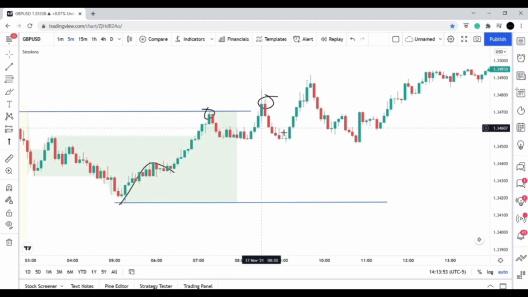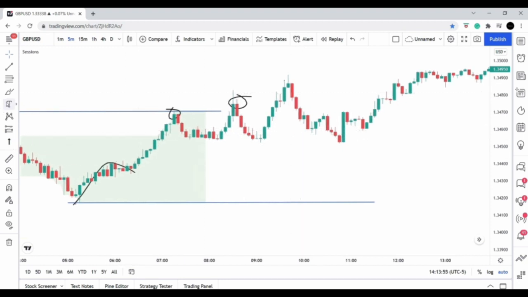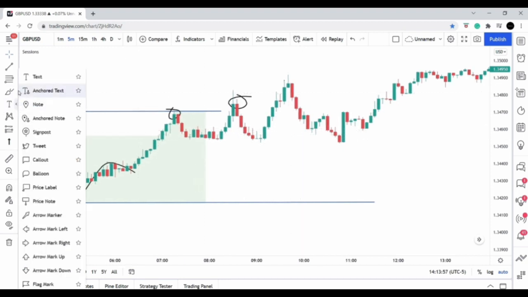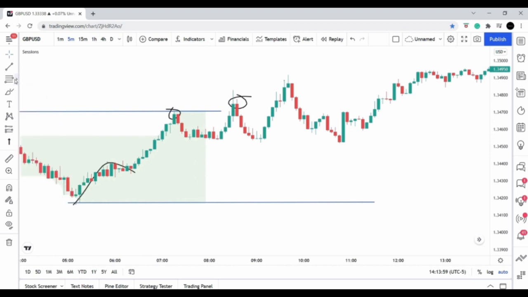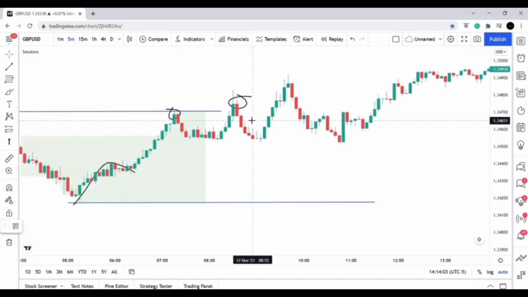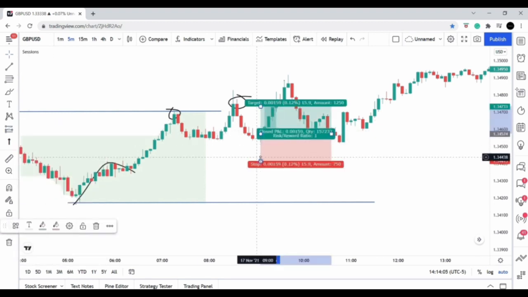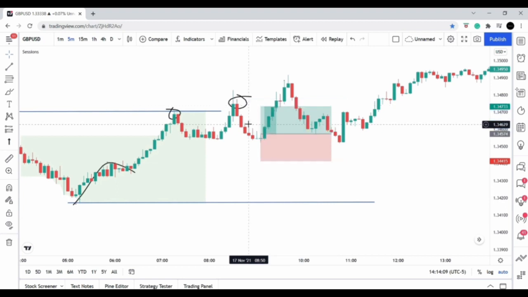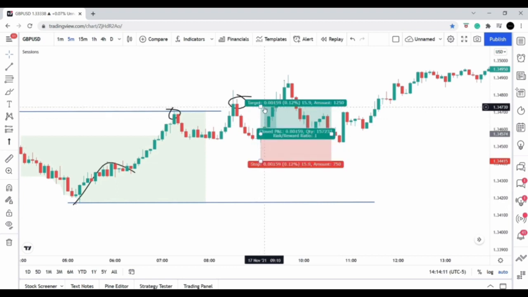Some of you guys, I don't know why, but you are risking too much per trade, in my opinion. You will go long right here, have your stop loss right here, and the market will go your way, then come back and stop you out.